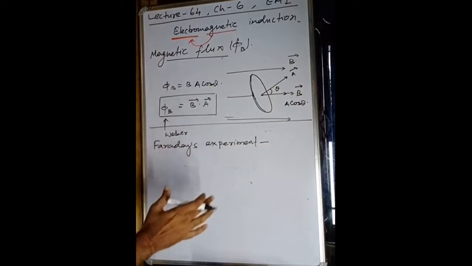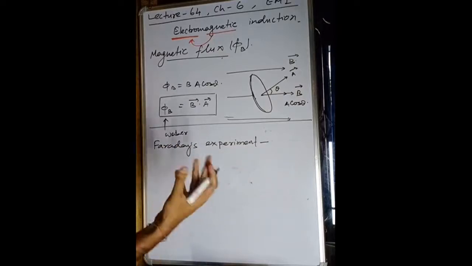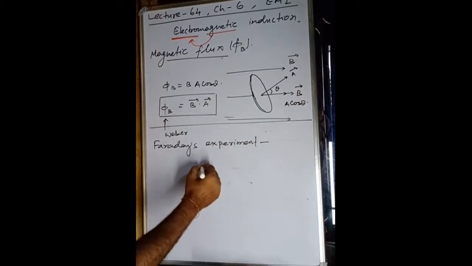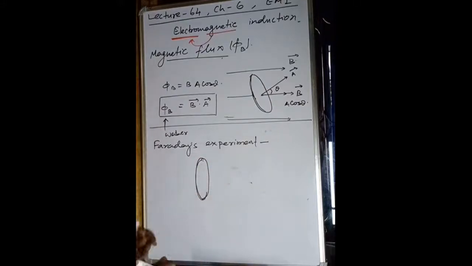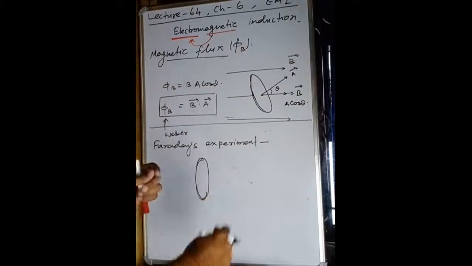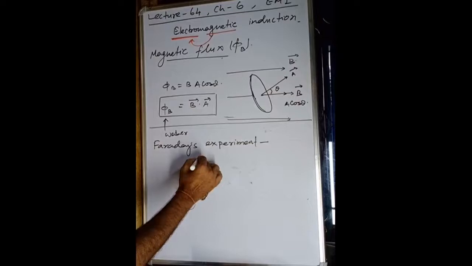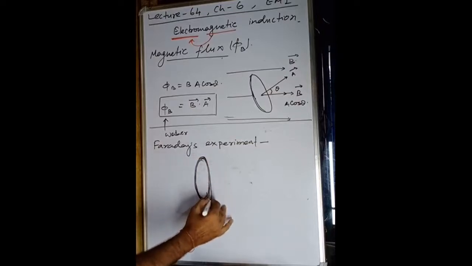Before starting the experiment, let me tell you one thing about the electric flux and how this experiment will be studied. Look at here. This is the coil. You can also make this coil using a conductor by giving a number of turns. So this is a very simple coil. Suppose we give a number of turns to this coil.